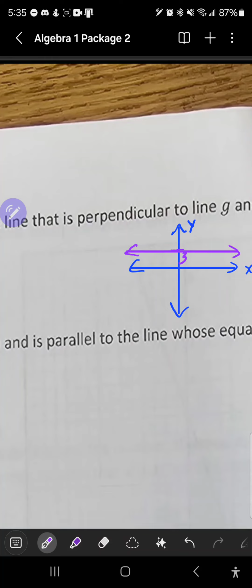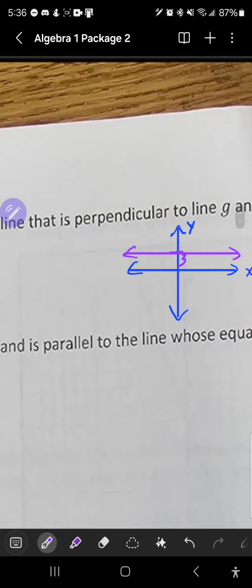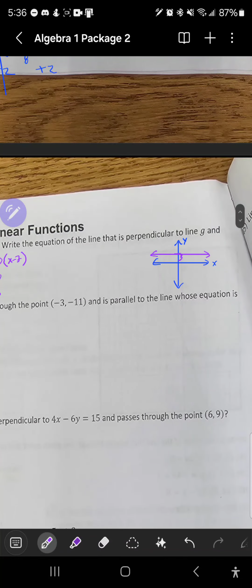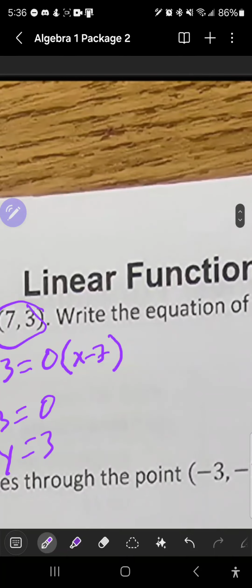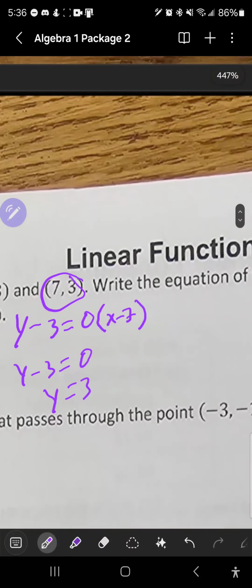Now we want a line that is perpendicular to that, and always remember that this is a horizontal line. In this case, yes, the slope is 0. I'm sorry for the one before. I was thinking ahead and didn't do the math. Always do the math first. Learn from my mistakes. So we have y equals 3. That's our equation.